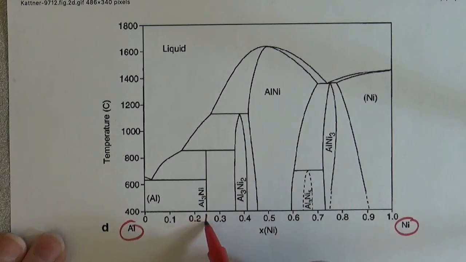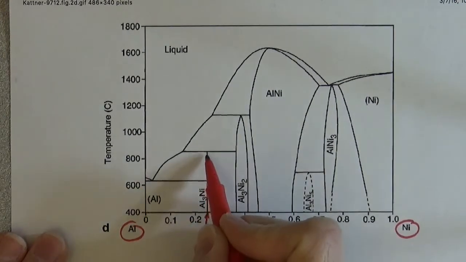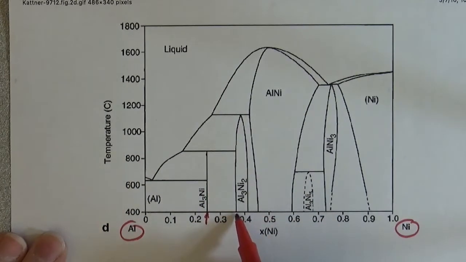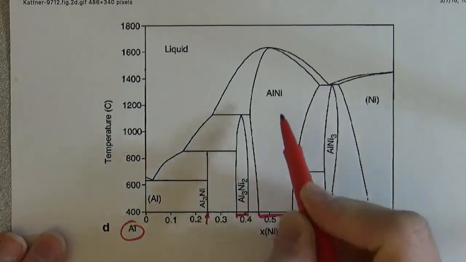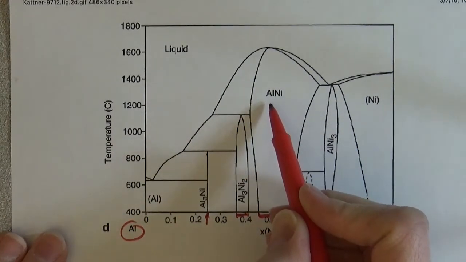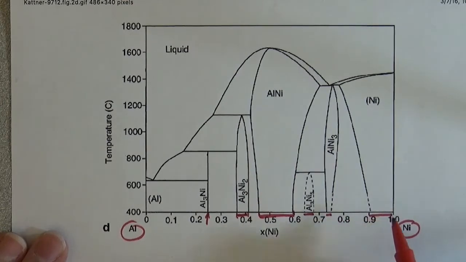So here is a single phase, a line compound. It sits in here. Here's another single phase, although this is a solid solution. This is a single phase solid solution. That's AlNi. Single phase, single phase, single phase.